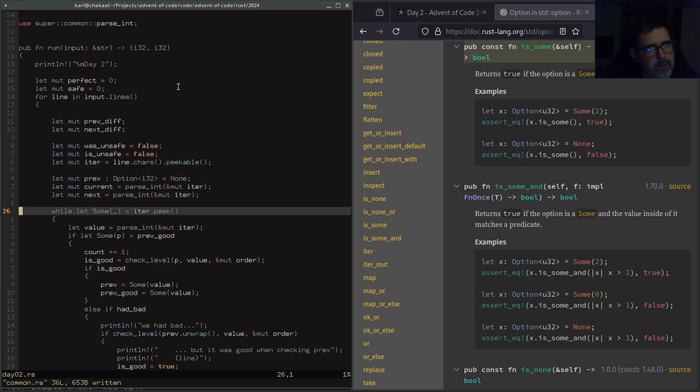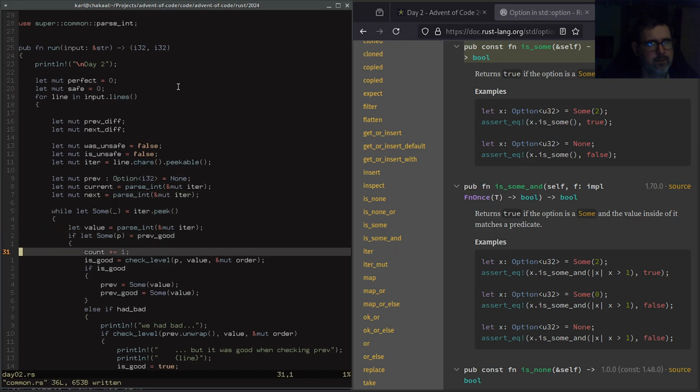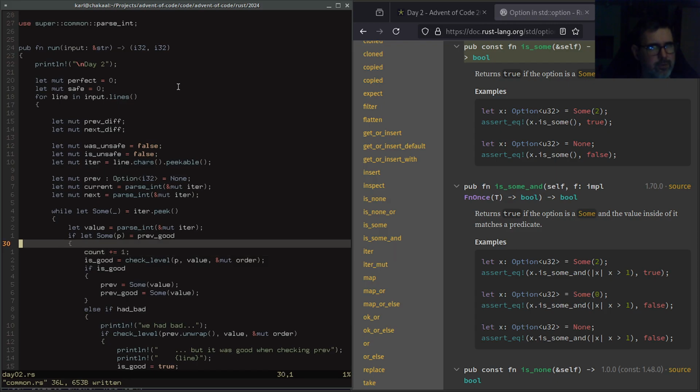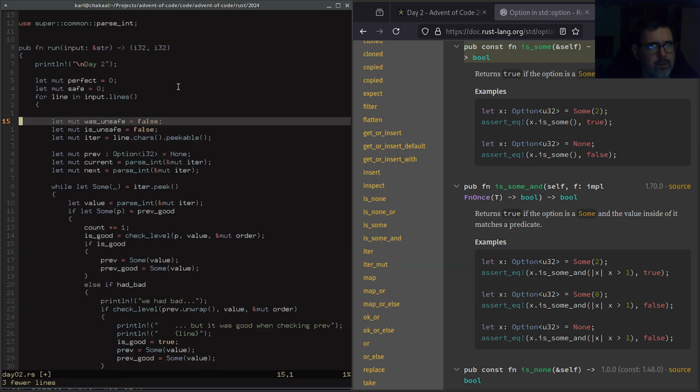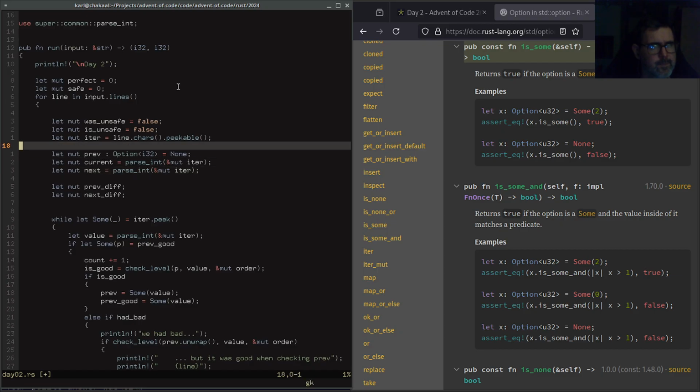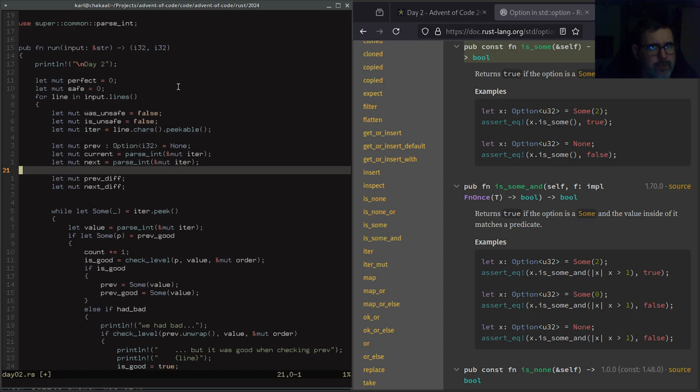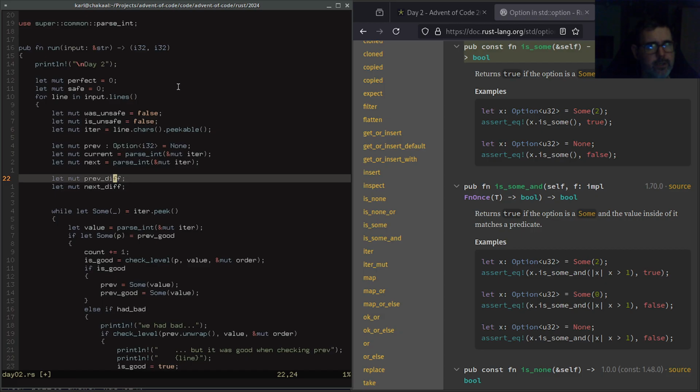And I guess we can maybe just set that up right away. At some point, we're going to want to get into this loop. So in this case, I guess we'll set this to previous difference. And I'm wondering, you know what, let's just do that.